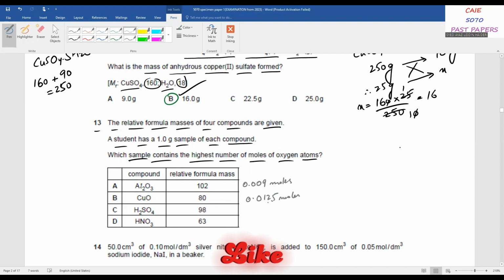For H2SO4, 1 divided by 98 gives 0.0102 moles. The last one, 1 divided by 63, gives 0.0158 moles.